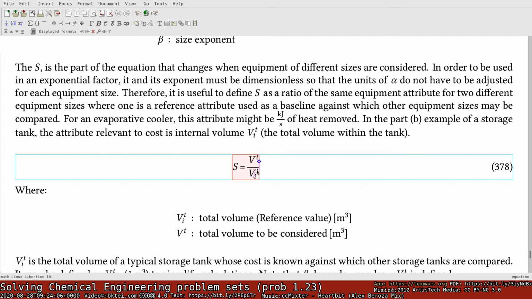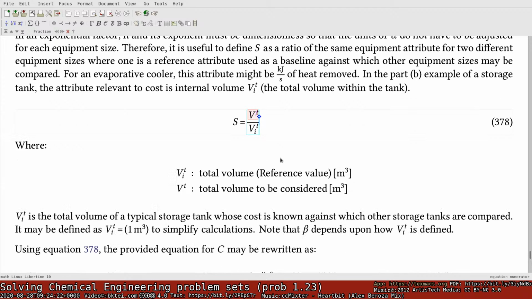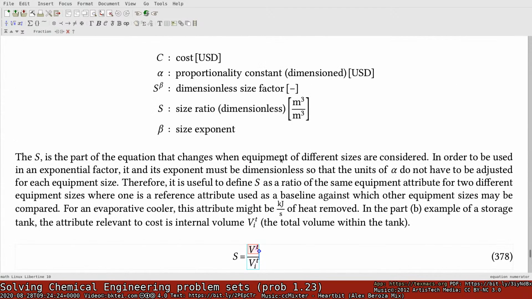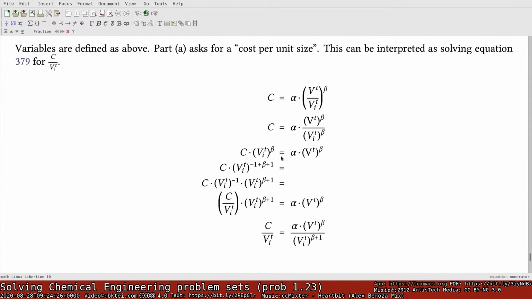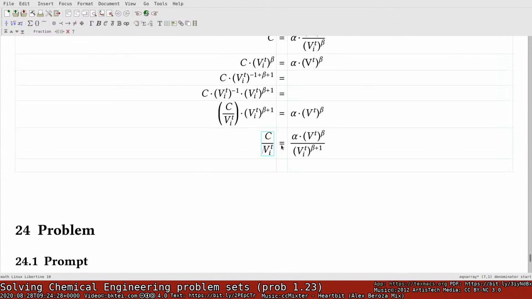As that goes up, as that ratio goes up, we're not changing this. This will just hold as a constant. So as the total volume to be considered goes up, the cost per unit thing goes down. Cost per unit volume. I feel like I'm missing something.